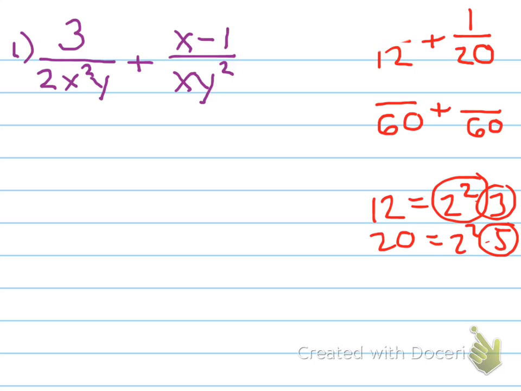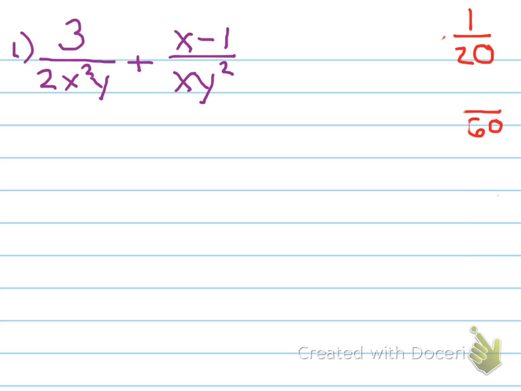It is a little tricky to do, but these are going to get progressively more difficult, and again, we're going to look at some techniques for doing it. But again, your factoring skills have to be sharp here. So here's our problem, and I see factors in the denominator. I see powers of 2, I see powers of x, and I see powers of y. Those are the factors in the denominator, and they have to be raised to the highest power with which they occur.